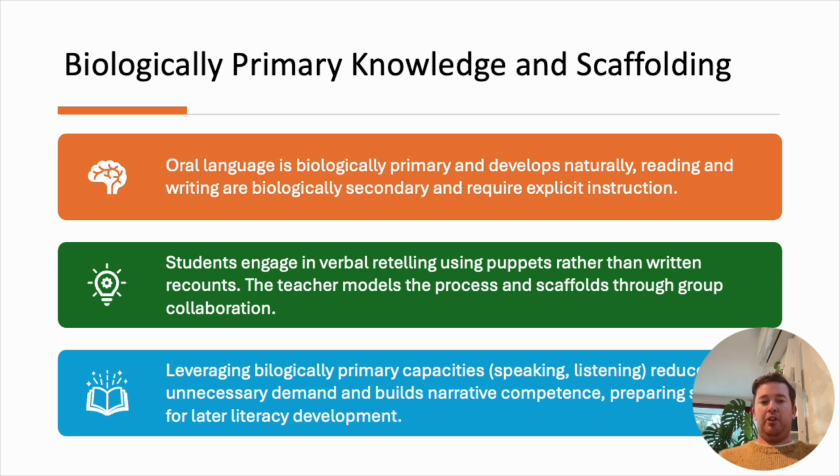So we're actually working on improving biological primary skills here. In delivering this lesson the way that the teacher has, they've been able to use biologically primary skills of oral retelling, storytelling. By leveraging the biologically primary skills, the teacher was able to build narrative competence, preparing for later literacy development.